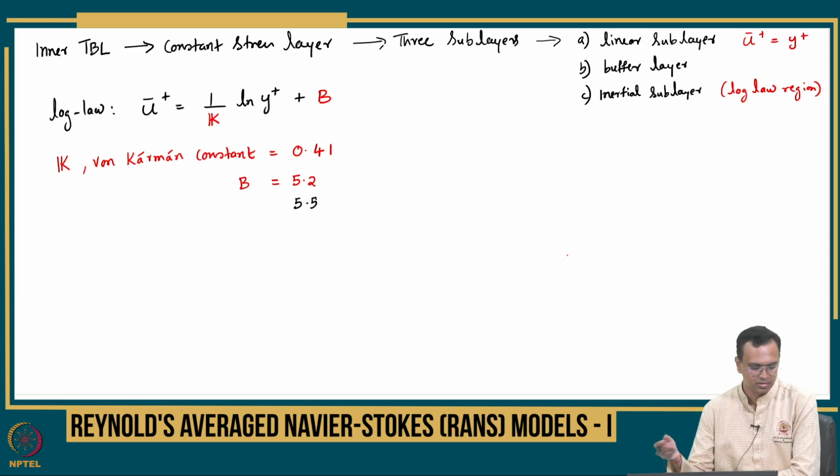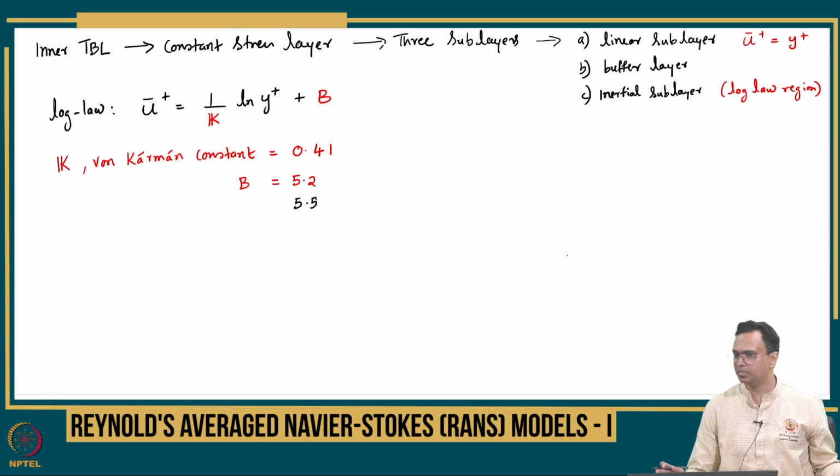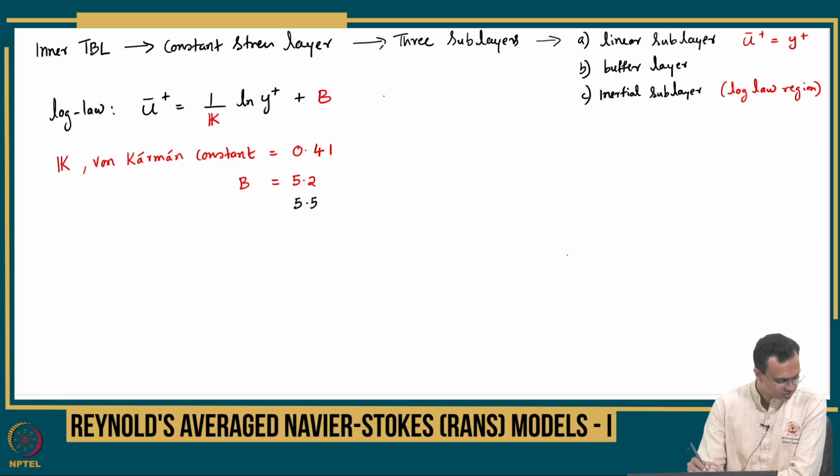I will not go into a rough turbulent boundary layer, but you just need to know that as long as your surface is smooth, whether it is a pipe or a channel flow or a boundary layer, this formula should work. Call it equation 1.